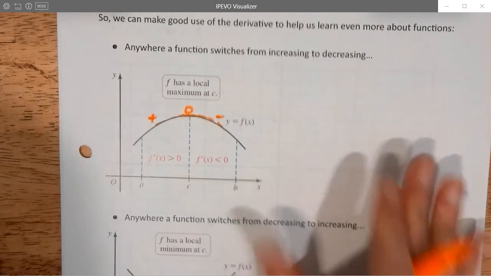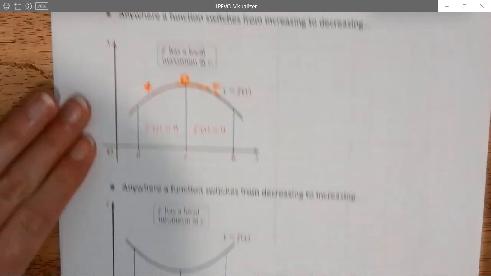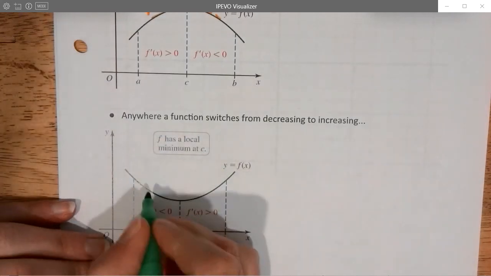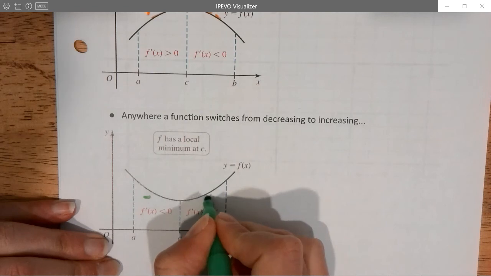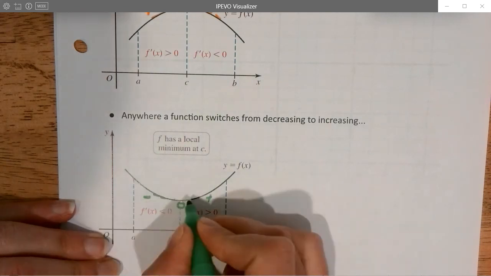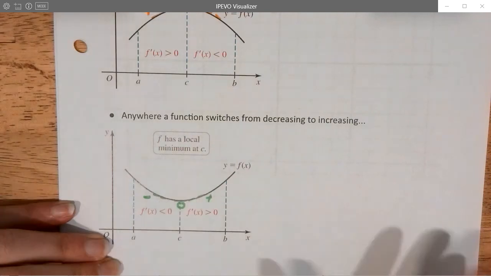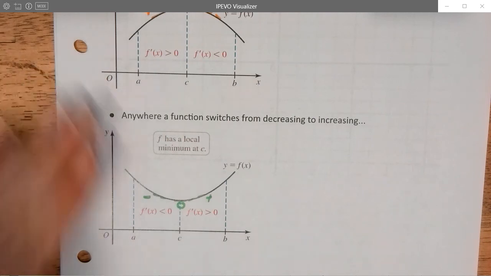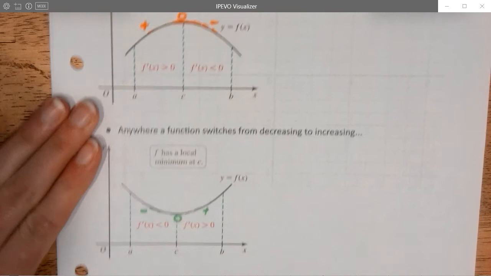Okay. Same thing is going to be true if I switch from decreasing to increasing. We have those negatives and those positives. The only way to go from a negative to a positive is passing through 0 as long as we're in a continuous differentiable situation. So we have that horizontal tangent in the middle. And so we are able to determine, based on the way that we switch, what kind of extrema we have.